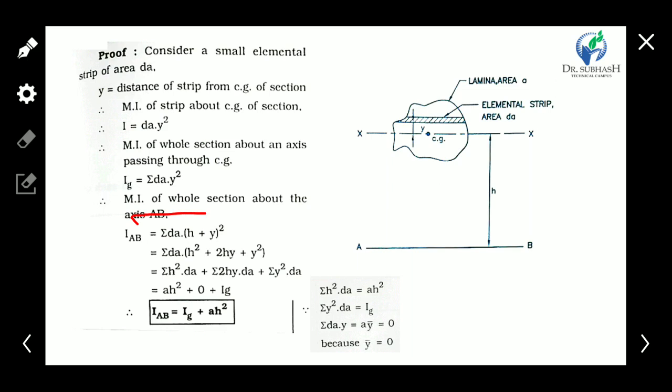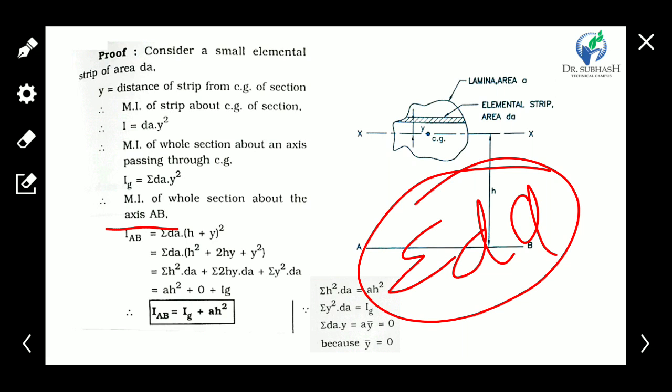Now, the moment of inertia of the whole section about the axis AB. According to that, what is that? Summation of dA, the total area, into the total distance, y plus h, square.